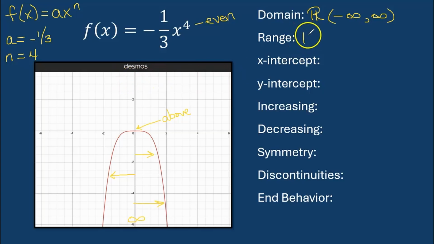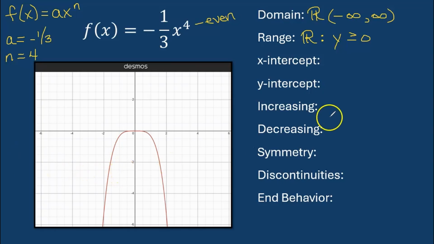That means that the range is all real numbers, with a very important exception that y has to be greater than or equal to 0. Now, if either part of that was confusing at all, I do have a whole other video discussing domain and range in detail. So let's talk about x-intercepts and y-intercepts.